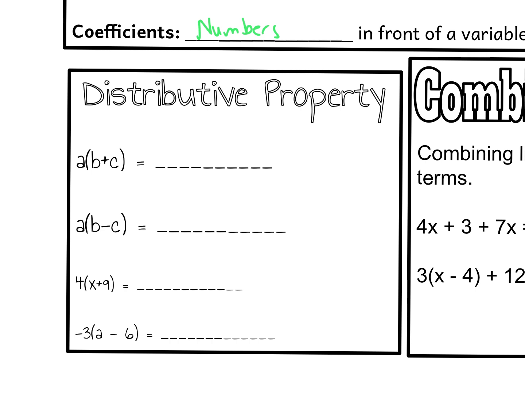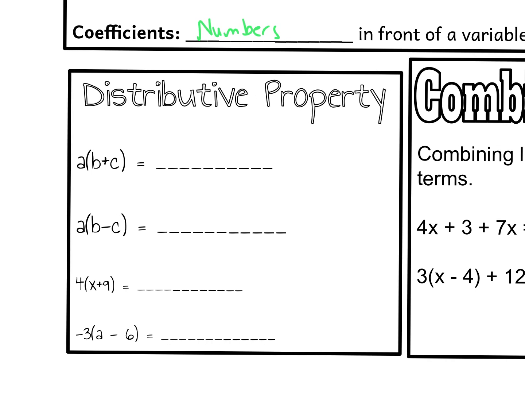Another way we can think about it is this means we have, for example, A groups of B plus C. Since it's A groups of B, it becomes A times B, or AB, but then it also becomes A groups of C, and for the most part, we're going to keep that sign that's in the middle.